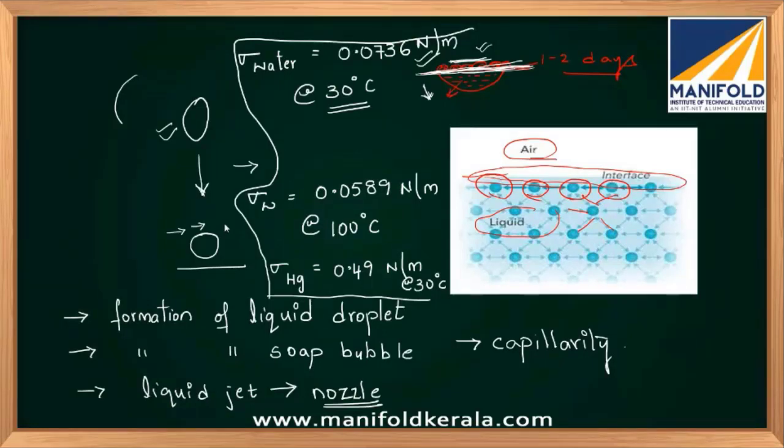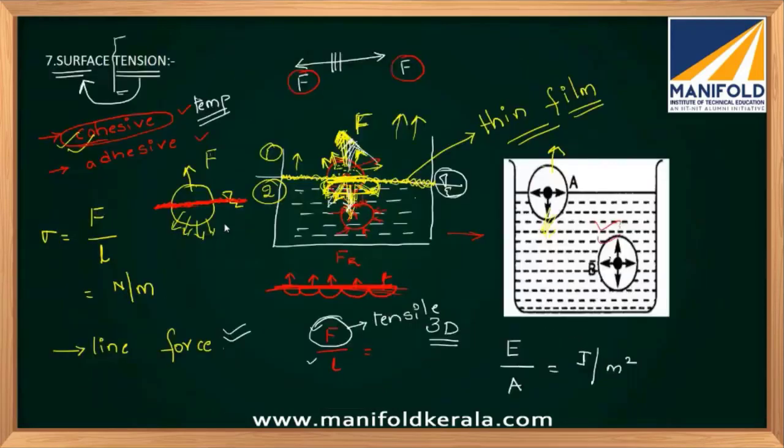The surface tension phenomenon acts in the formation of liquid droplets, soap bubbles, capillarity, and liquid jets. This is nothing but a small interface, like a thin film, formed between two different fluid interfaces. Always we need two different interfaces to get that film, such as air and water.